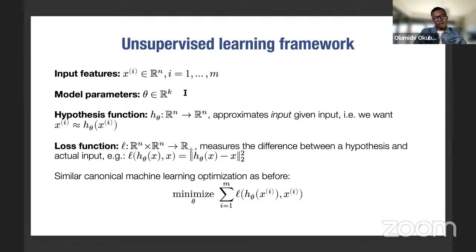And we come back to the end game of machine learning optimization, which is you minimize over your parameter set, minimize over theta, a summation of the losses on all the data points, given the difference between the hypothesis and the input features on all of the data.